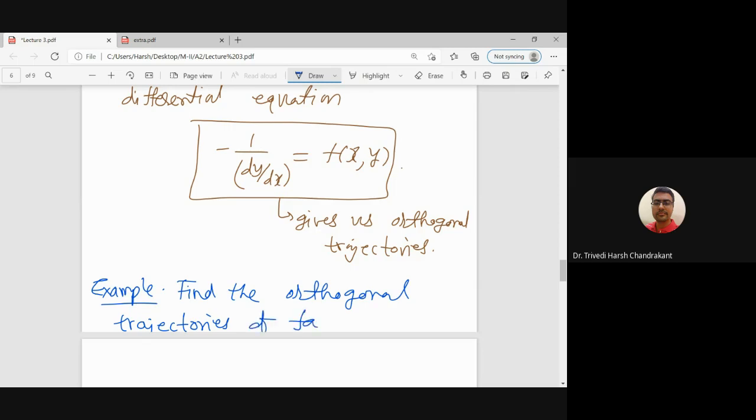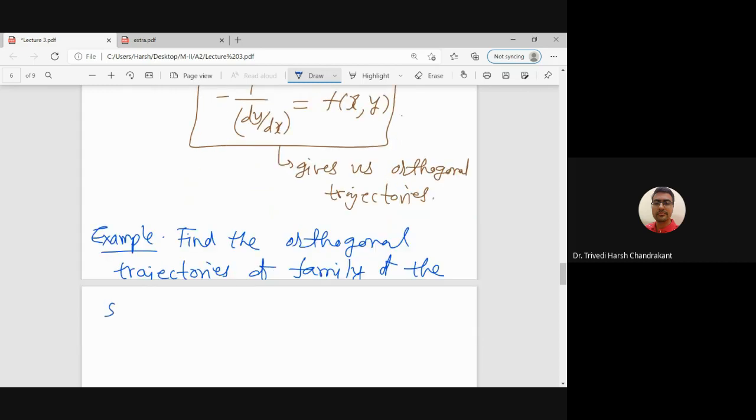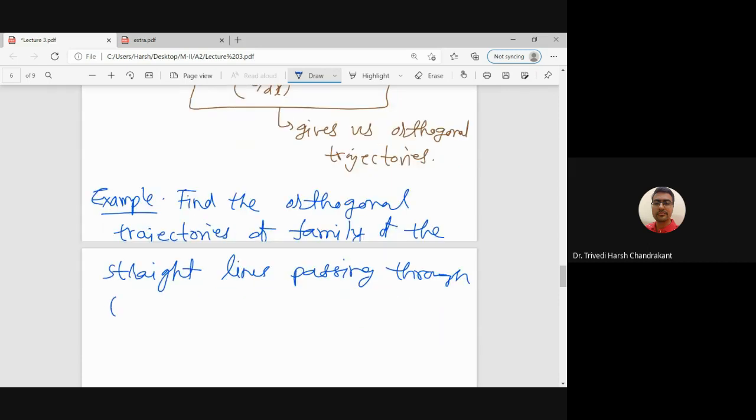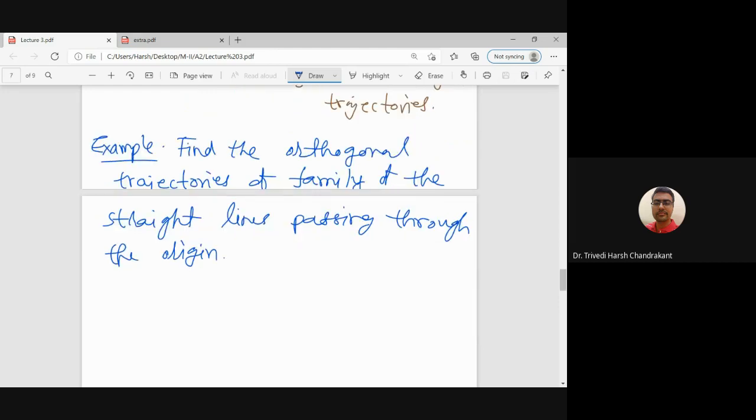of the family of straight lines passing through the origin. So let us start with the equation of a straight line.